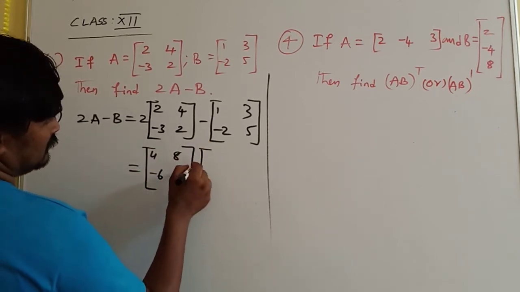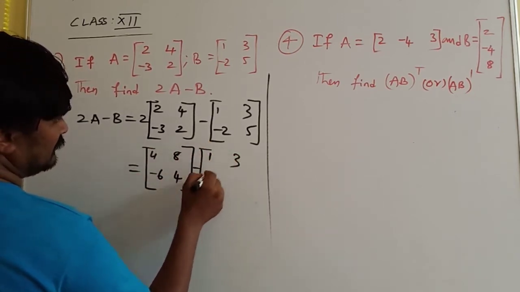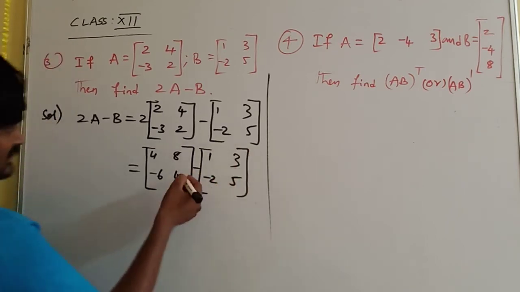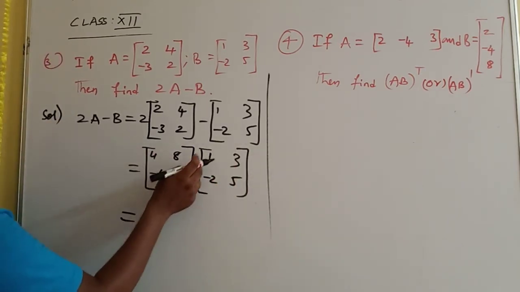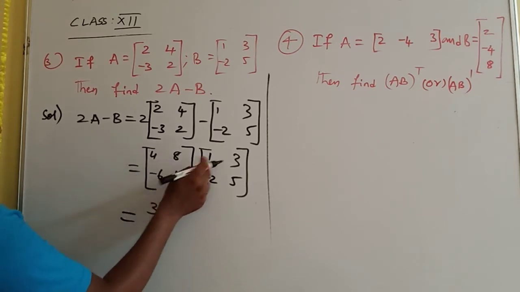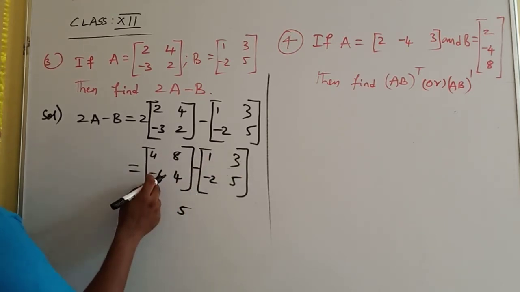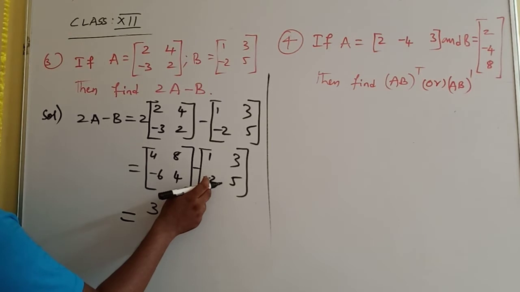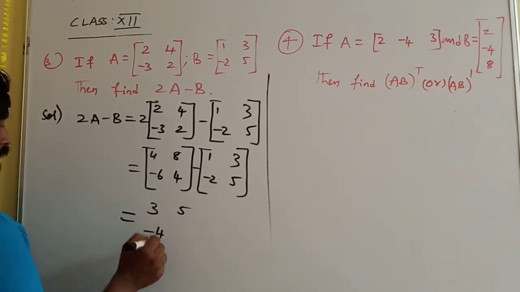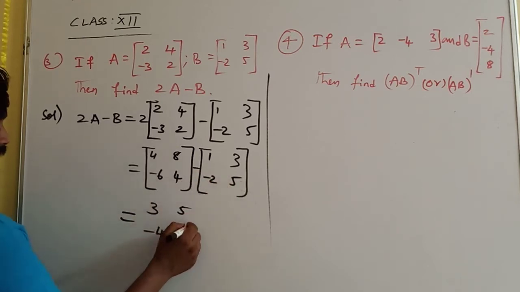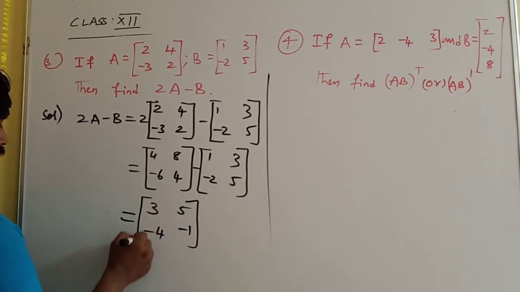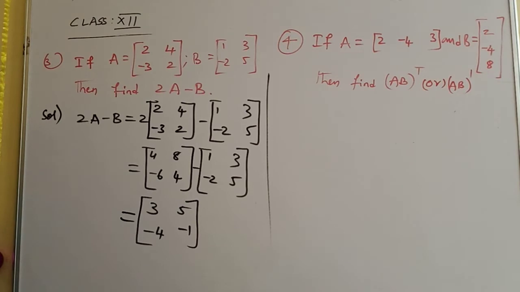Then minus [1, 3; -2, 5]. Just do normal subtraction. 4 minus 1 is 3, 8 minus 3 is 5, minus 6 minus of minus 2 is plus 2, so minus 6 plus 2 is minus 4. 4 minus 5 is minus 1. So this is 2A minus B.